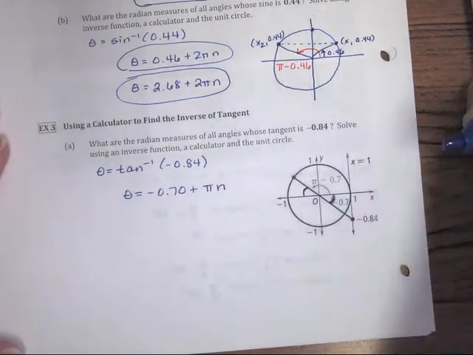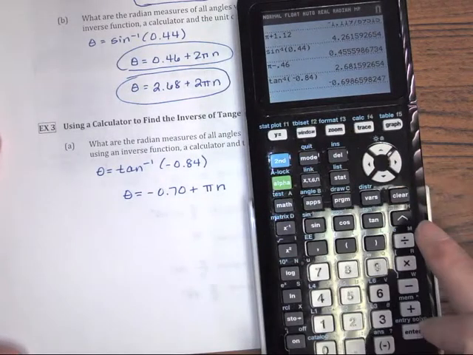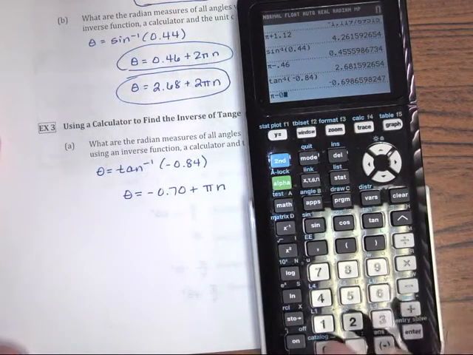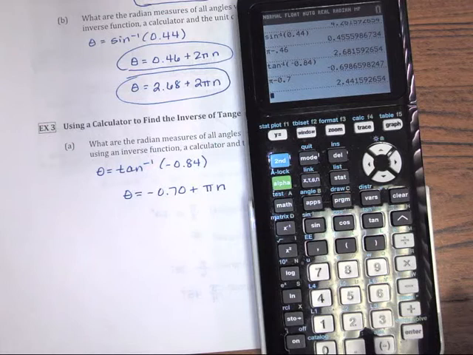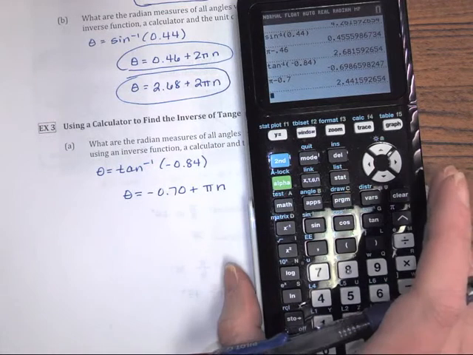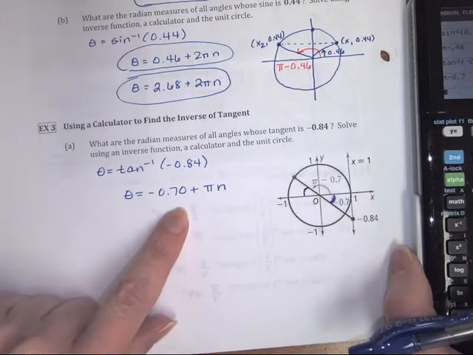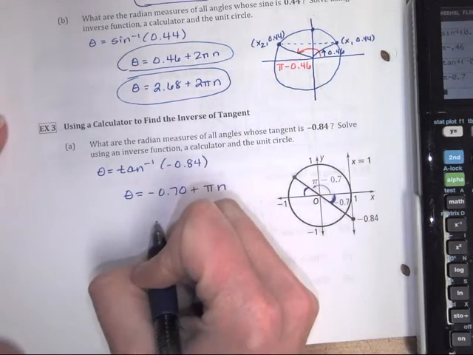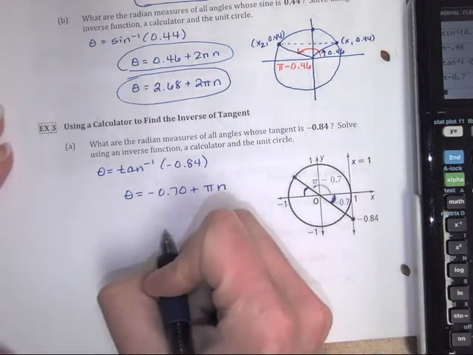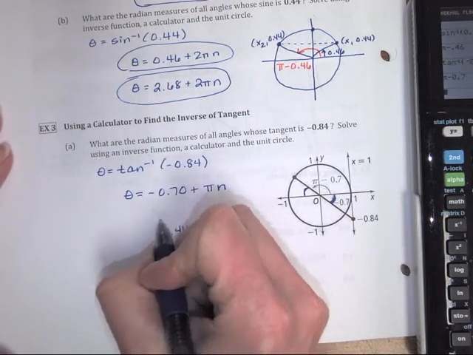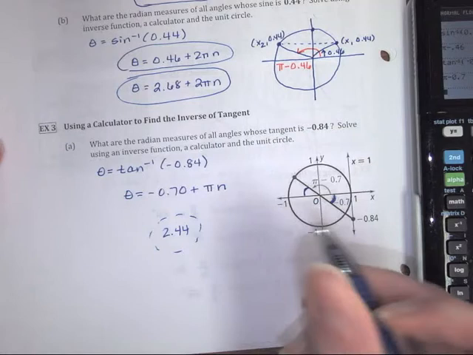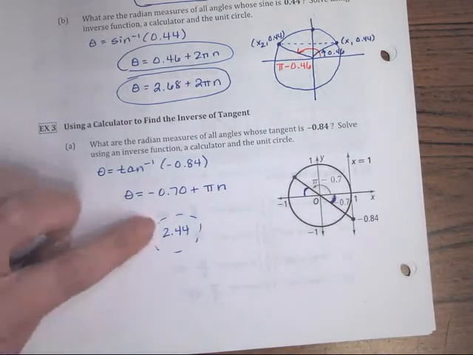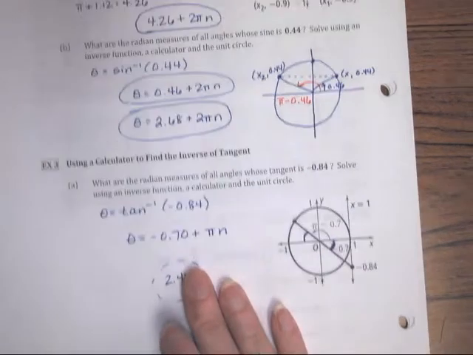So if I wanted to get that one, let's put them in there. Pi minus 0.7 would be 2.44, but we don't need him. This is sufficient with tangent. All right, you might see in your answer solutions, they might have the other one too, which is 2.44. You don't need him. This is sufficient.